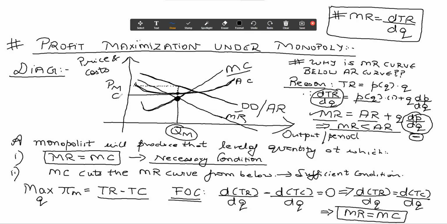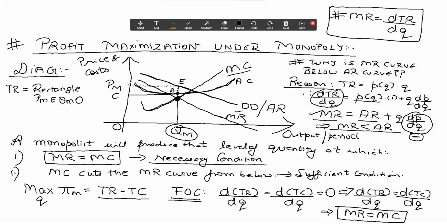So I can say my total revenue is rectangle PME QMO. This is my origin.